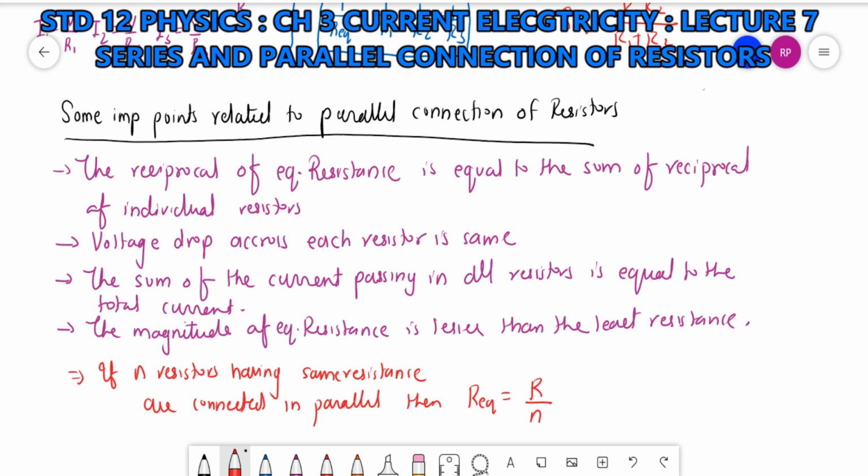These are some of the important points related to parallel connection of resistors. Just note it down.